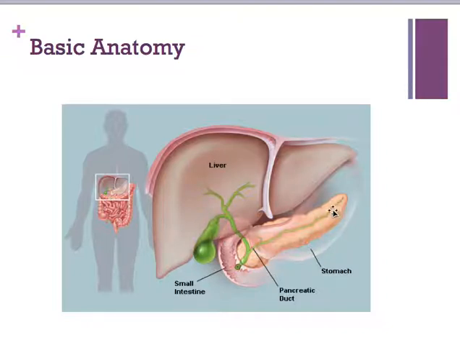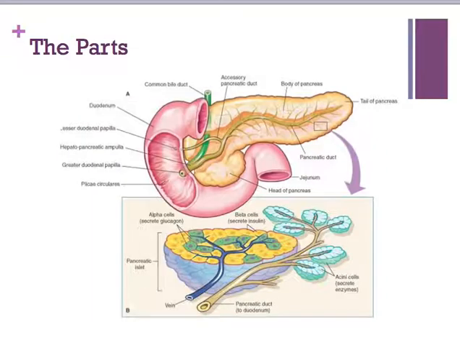So the pancreas itself has a tail and a head portion, which we'll go ahead and look at here again. So here is the general body or parenchymal tissue of the pancreas. The tail portion is more to the left side of the body, so distal from the opening of the pancreatic duct into the sphincter of Oddi, ampulla of Vater area.